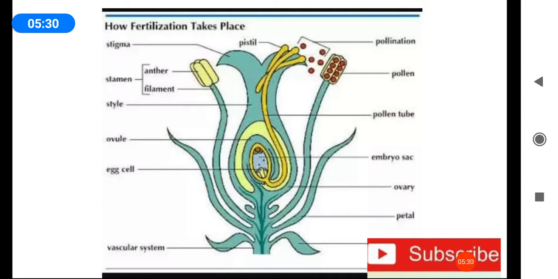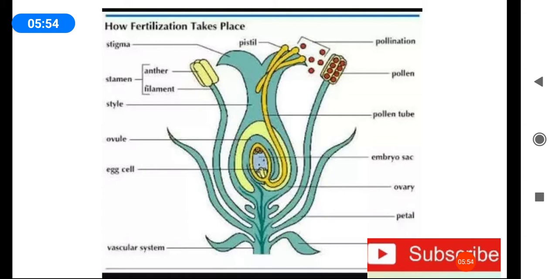Then what happens next? The chemical substances present in the stigma cause the pollen grain to germinate. So in this germination, a tube develops from the pollen grains. Look at this picture. A yellow color tube arises from the stigma.